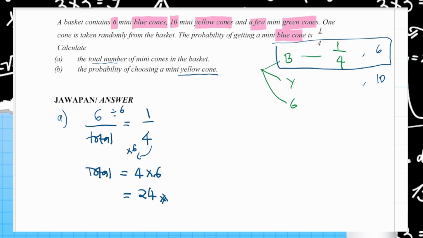Again, probability must be the number over the total. We already know the number of yellow is 10, so 10 over the total. The total is already the answer from A, so 10 over 24. Simplify to 5/12.